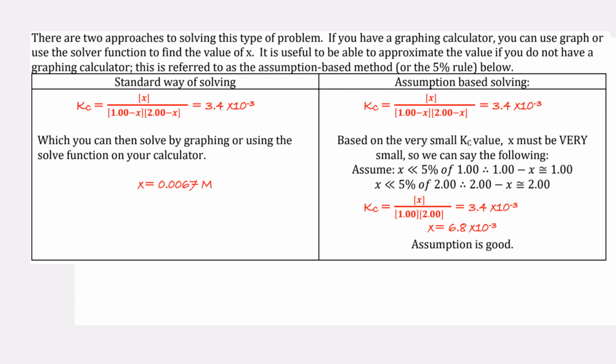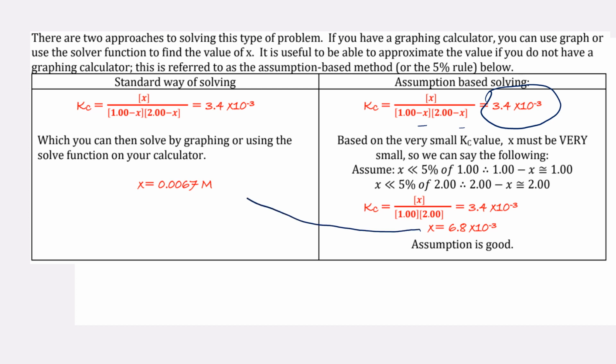So there are two ways of solving this. We can plug into our graphing calculator and use the solve function, which you'll get a handout for. Or because my K sub C is considered small, that means my x is also going to be small, because it's in my numerator especially. So we're going to assume that the x's in my denominator are going to be negligible. And then we just solve for x, and we end up with 6.8 times 10 to the negative 3.